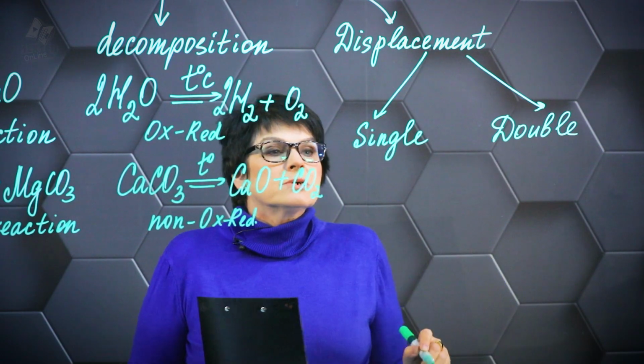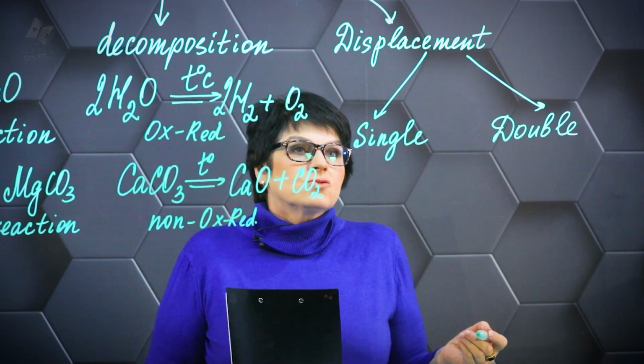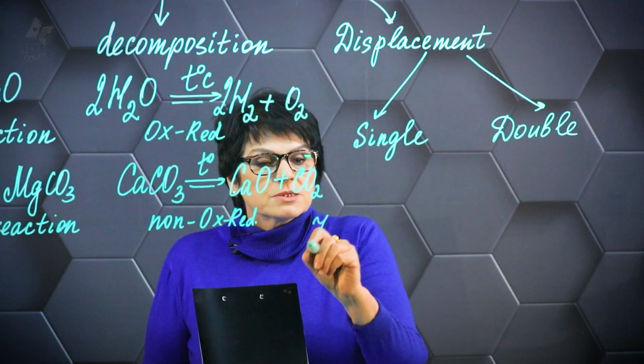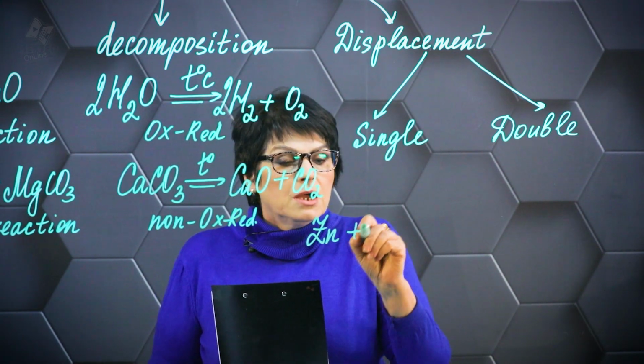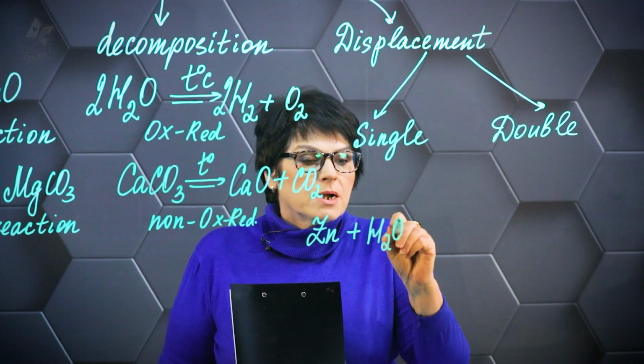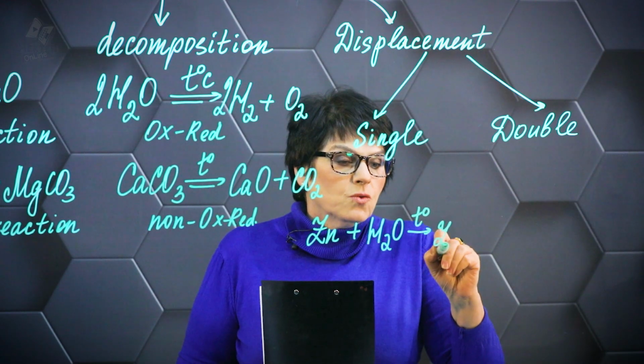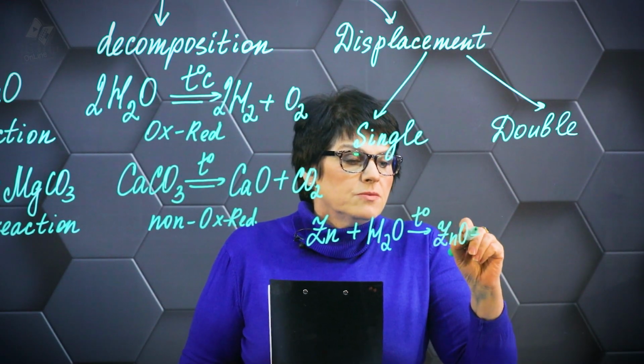We'll show the substitution first, which will be simple substitution. These are reactions, for example, of the metal zinc reacting with water vapor and under the influence of temperature, zinc oxide is produced and hydrogen gas is released.